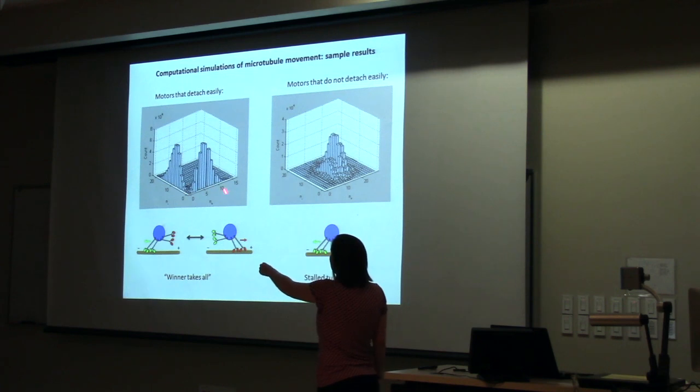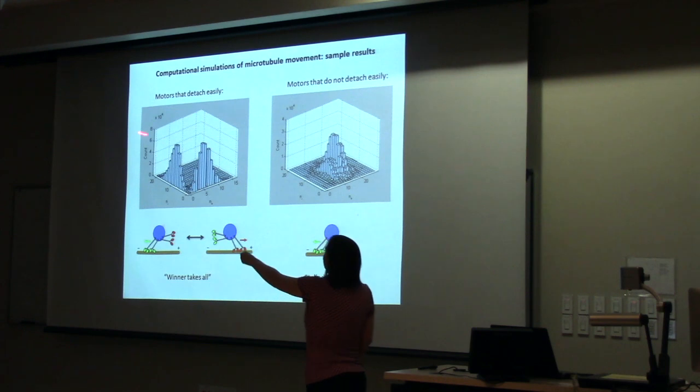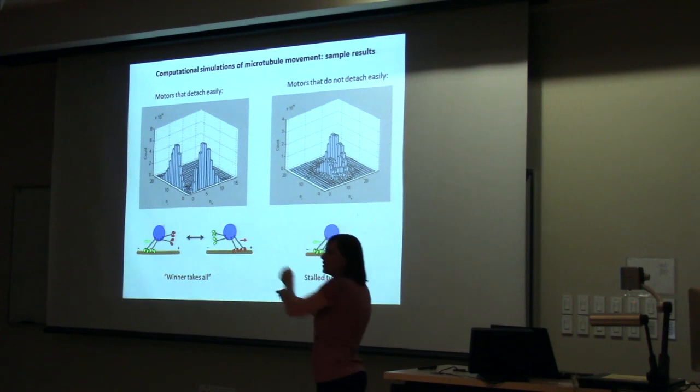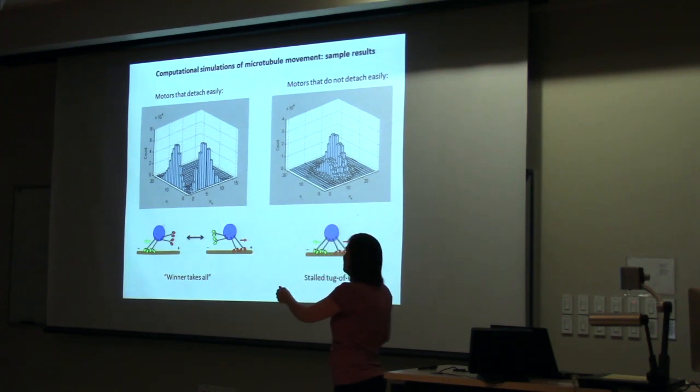So what I can see from this graph is that we're really likely to either have on the order of 5 to 10 kinesins attached and 0 dynein, or several dyneins attached and 0 kinesin. It's usually one way or the other. And that's because they can easily detach each other, so we get those cascades of detachment.